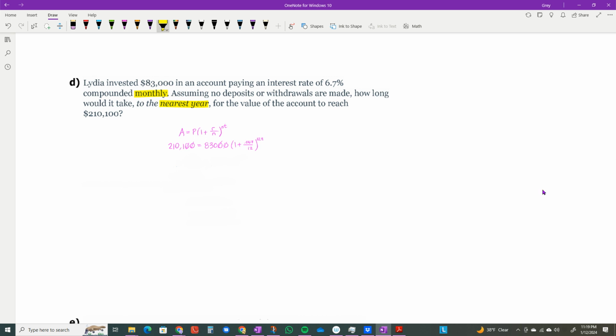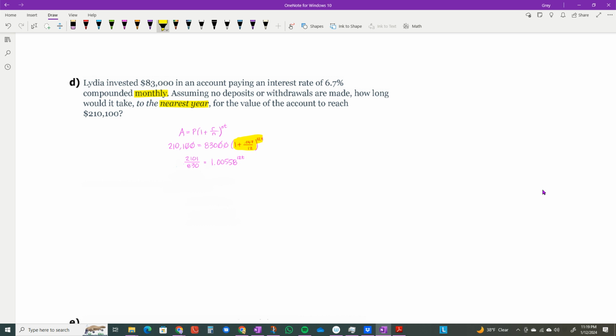If my variable's in the exponent, I've got to get this thing by itself before I can think about how to solve it. So I got to get rid of the 830. So that's going to give me 2101 over 830 equals this number on the inside of the parentheses, which becomes 1.00558 raised to the 12t.